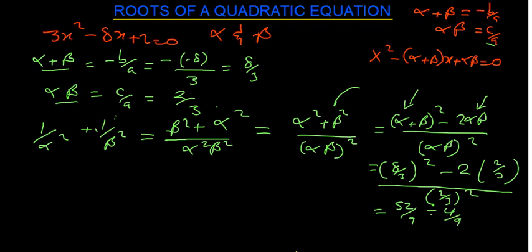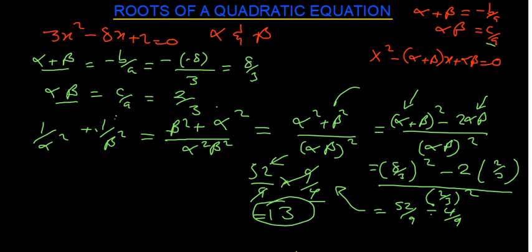So 52 over 9 divided by 4 over 9. This is the same as 52 over 9 times the 9 goes on top, the 4 comes down. The 9 is going to cancel out, and 4 goes into 52 13 times. So our answer is going to be 13.